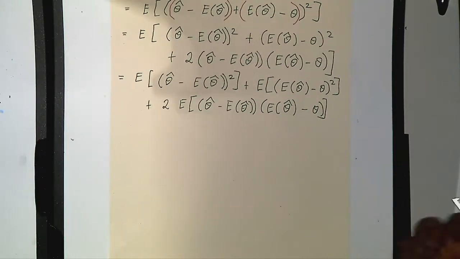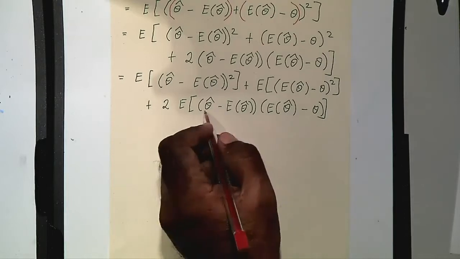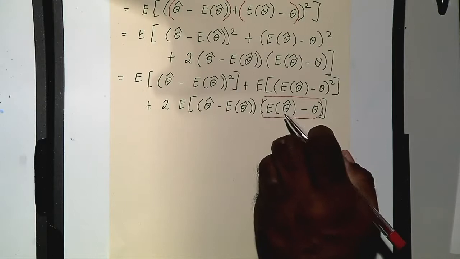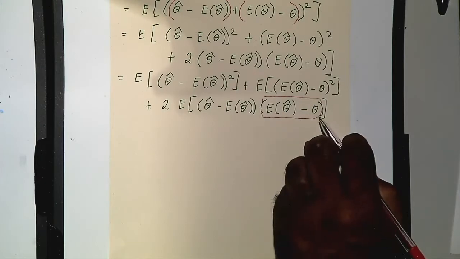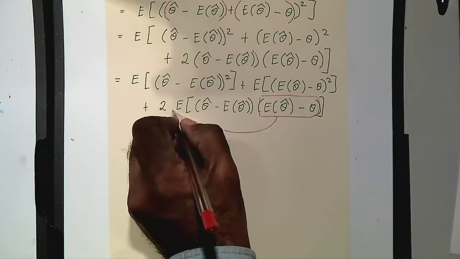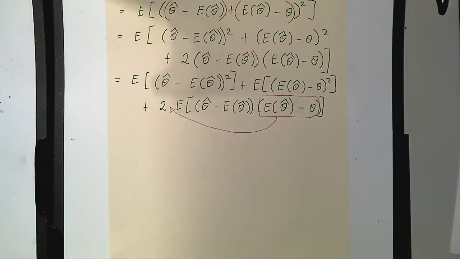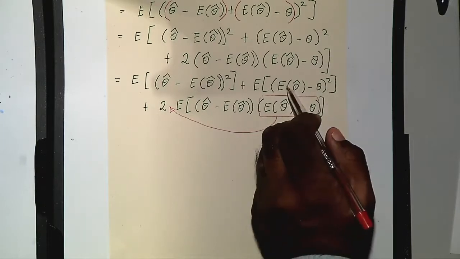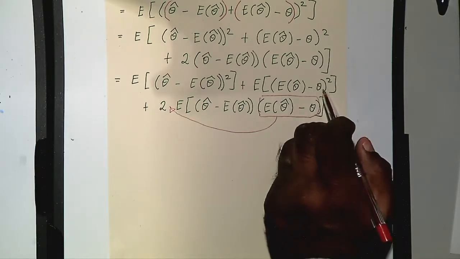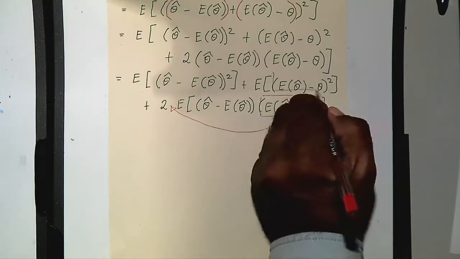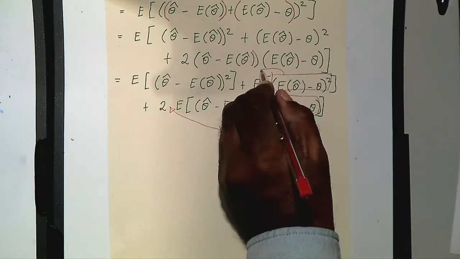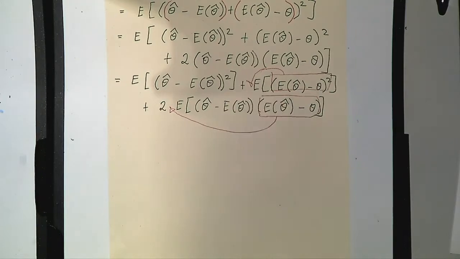Now, the expectation of theta hat is a constant. It's not a random variable. Theta is not a random variable either. So you can pull it outside. Okay? And the expectation of theta hat is a constant, theta is a constant, so you can pull this outside.